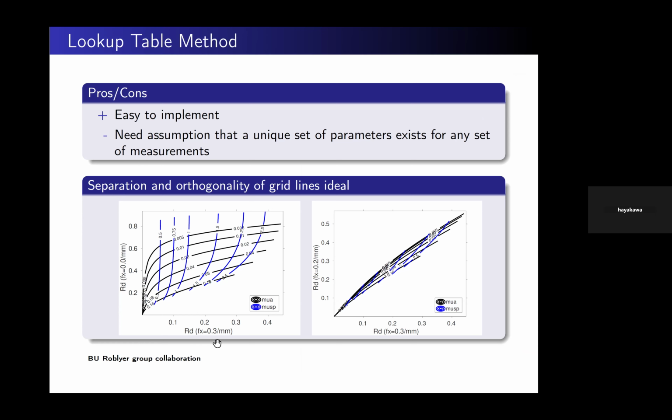So this is 0.3 along the x-axis and 0 along the y. You can start seeing how that orthogonality is starting to break down. And then if you look at 0.3 along the x-axis, 0.2 along the y-axis, now you've got something pretty flat. It's collapsed upon itself. It's really going to be hard to pull out what your mu A and mu S prime are here.